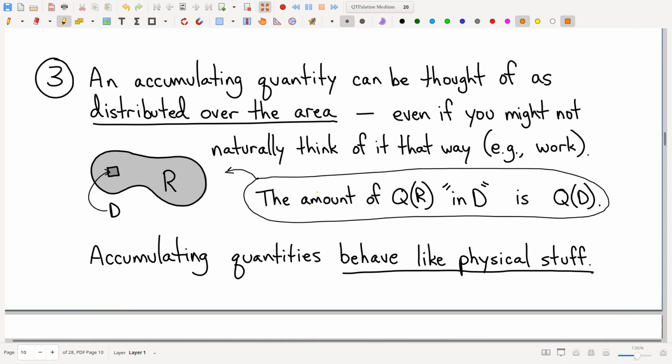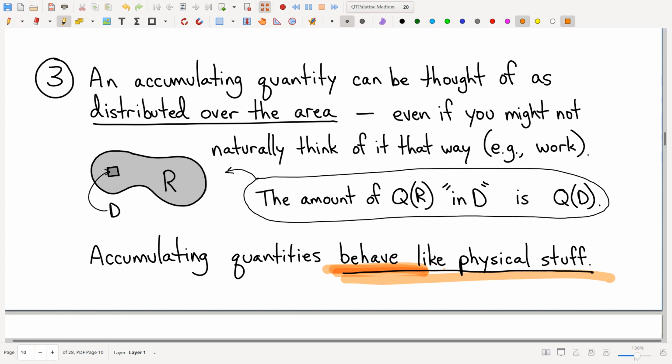You can think of it as a kind of stuff. Not all accumulating quantities are literally physical stuff, but they behave like physical stuff. I can imagine any accumulating quantity I can think of in my mind as a stuff that's spread out over the area like butter over toast.